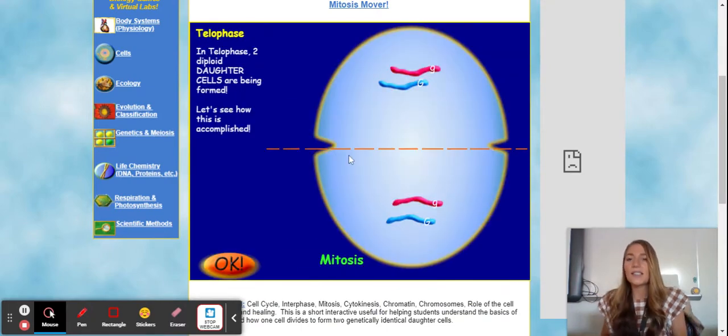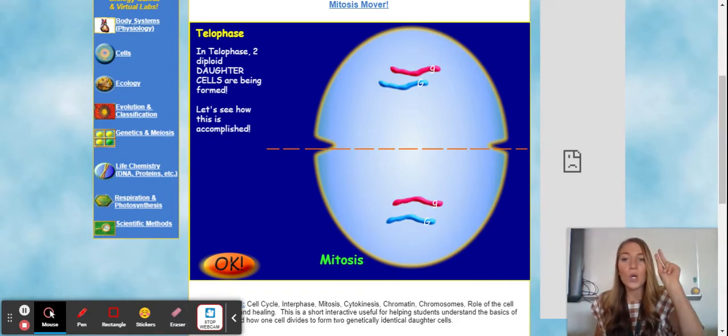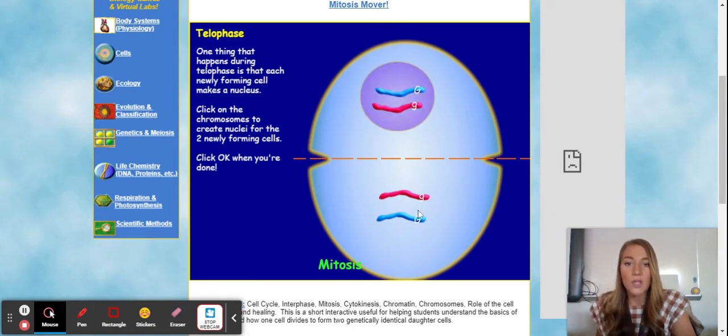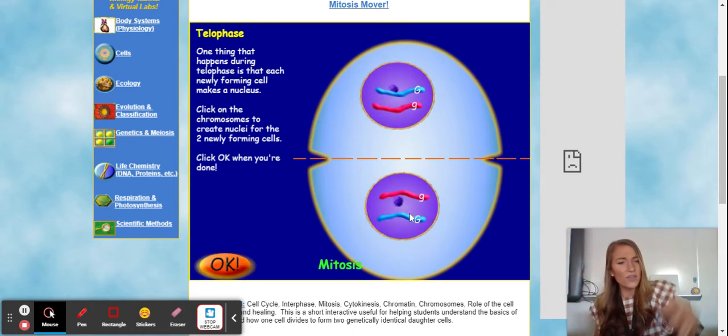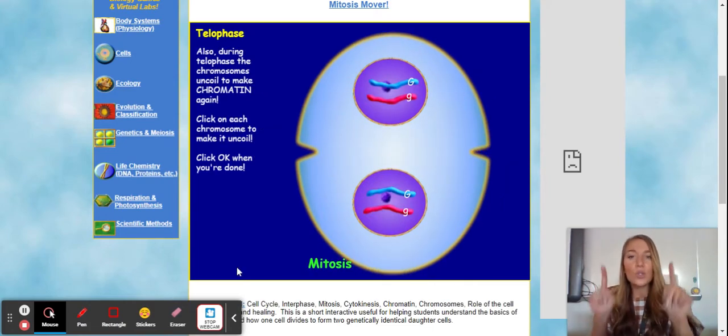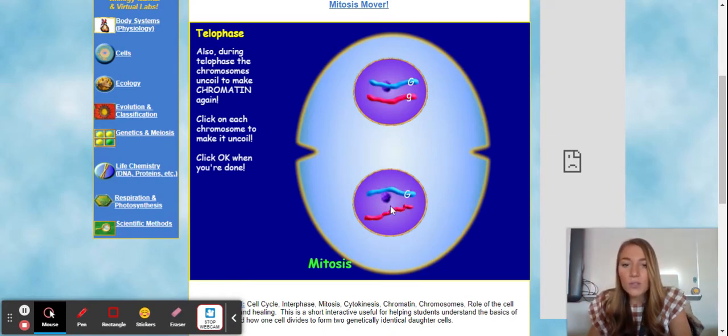Guys, in telophase, we have two new nuclei forming around each of these sets of chromosomes to make two new daughter cells. So we're going to form a new nucleus around our chromosomes since we got rid of it in prophase. So telophase, two new nuclei, two new cells. Now the chromosomes are going to uncoil again.